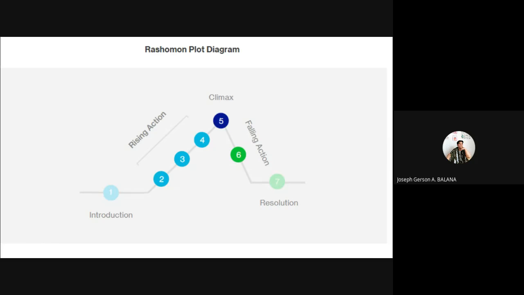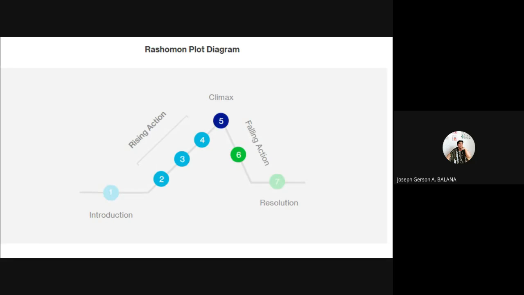The introduction gives us an awareness of the setting, of the characters, of the conflicts that are in the story, while the rising action are the events that will lead to the solution to the conflict. The climax is the highest point in the story where the character makes a decision to solve a particular conflict or problem of the story.